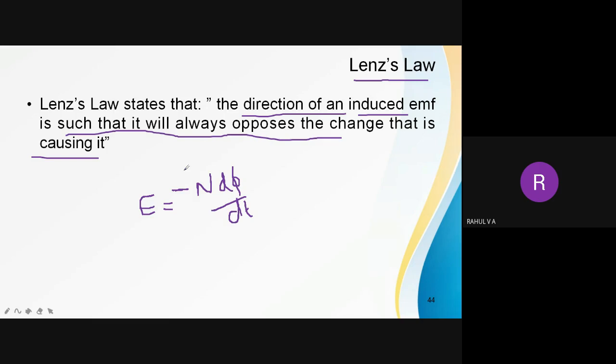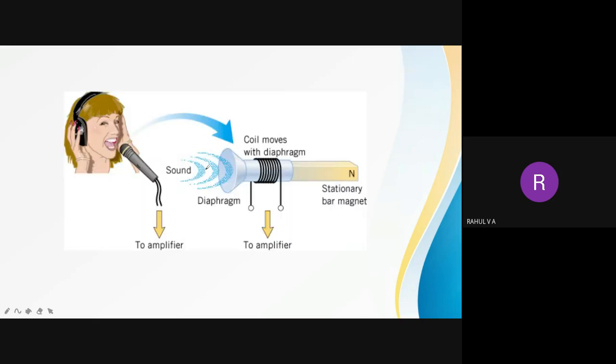Okay, so that is that. One application of Faraday's law is the mic. Okay, so there is a diaphragm. This is a mic actually, and you see there is a diaphragm. On that diaphragm, they have wound coils, and there's a permanent magnet. As this person speaks, the sound wave exerts some kind of force, or sound energy, on this diaphragm.